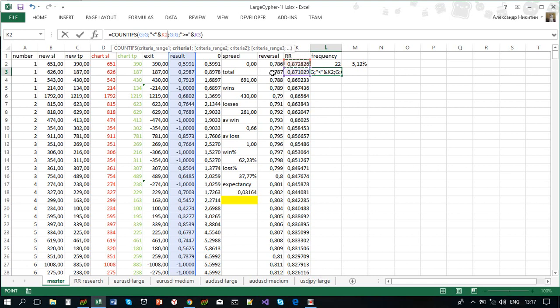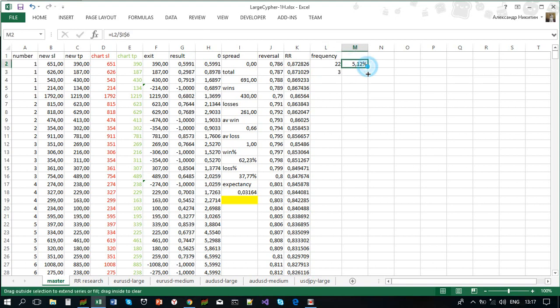So how many trades reversed from 786 to 787? You see that? The formula tells us we only have 3 trades that reversed there. And if I stretch this, it is 0.70%.